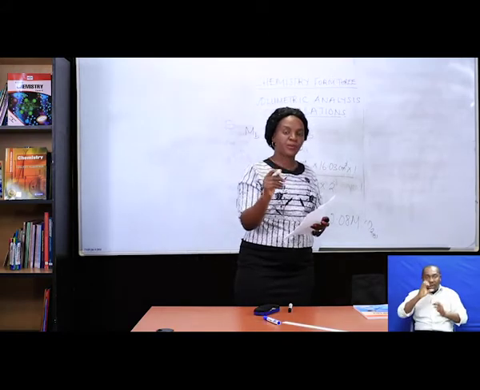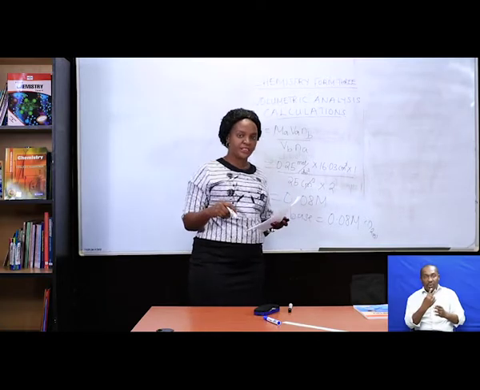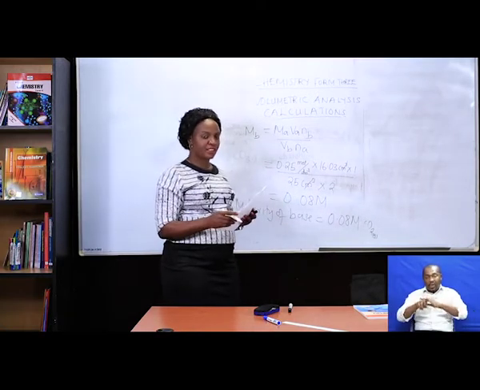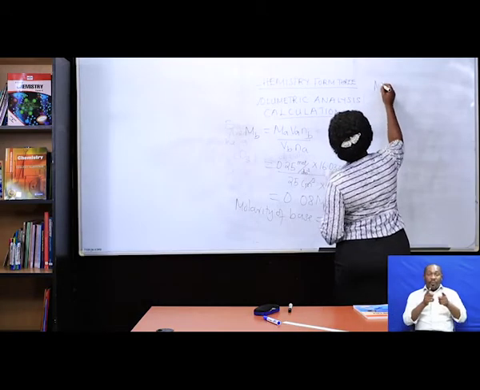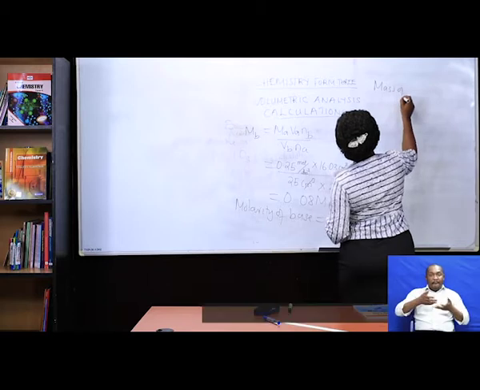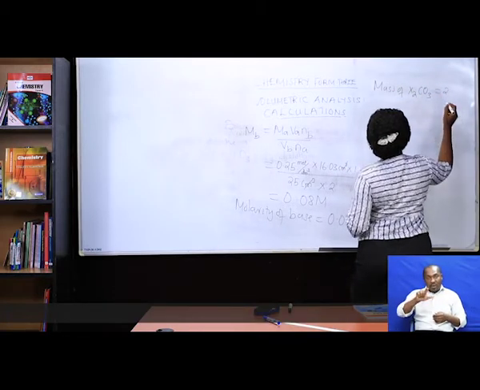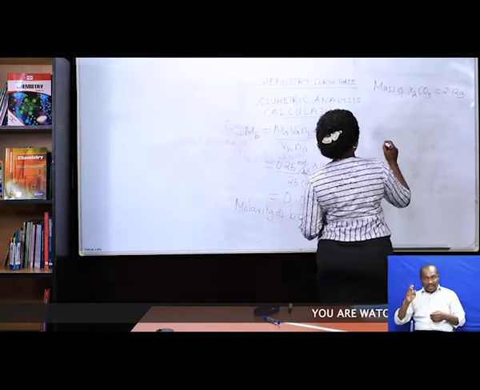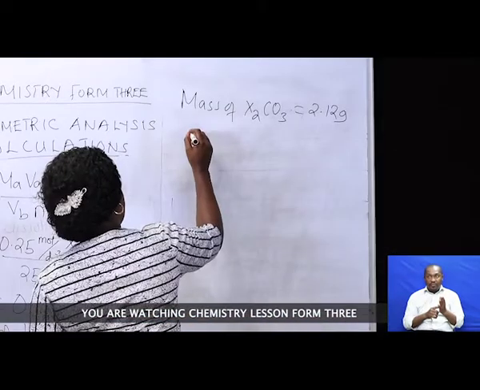It was 2.12 gram of metal carbonate were dissolved into 250 cubic centimeter. Therefore, mass of metal carbonate was 2.12 gram. What was the volume?